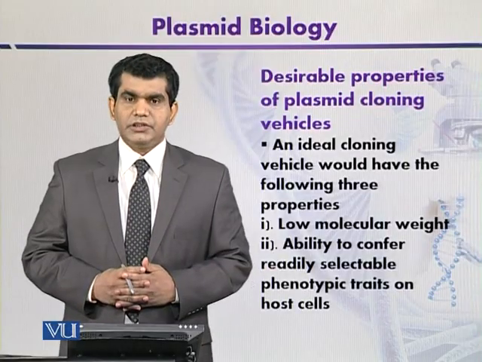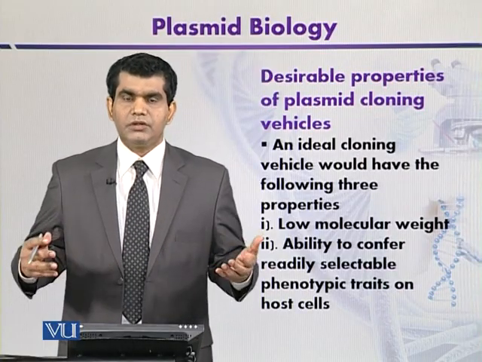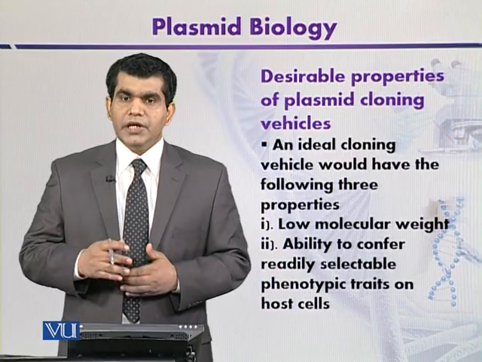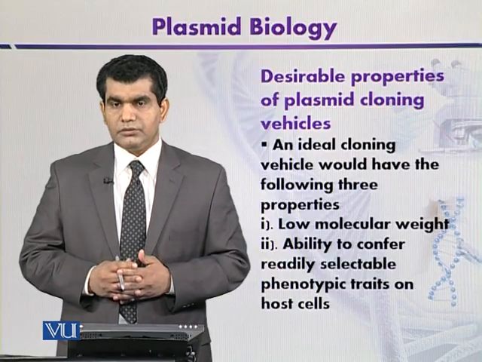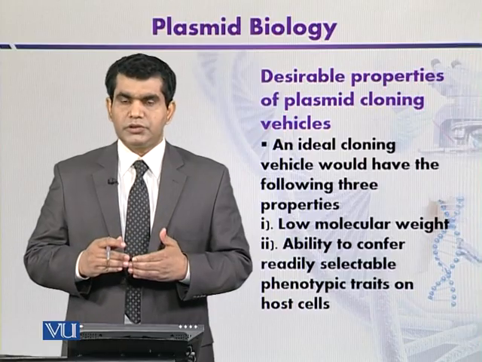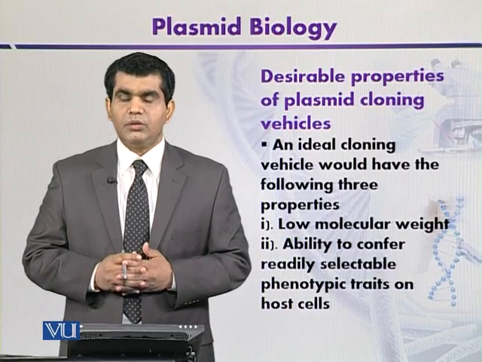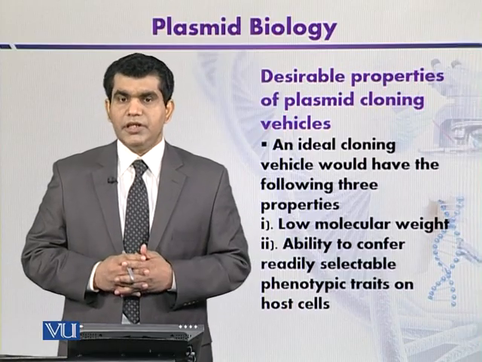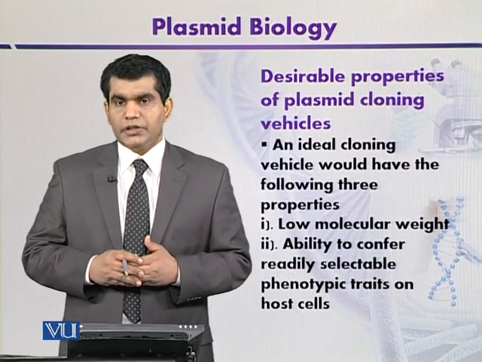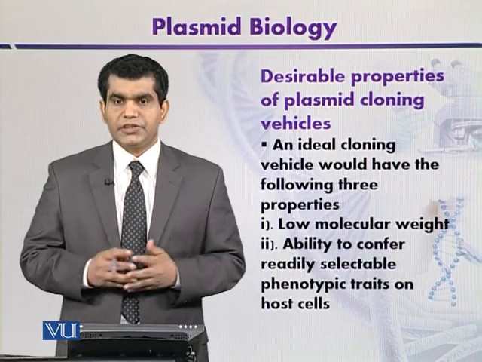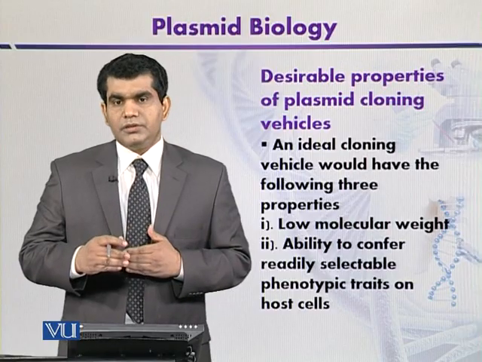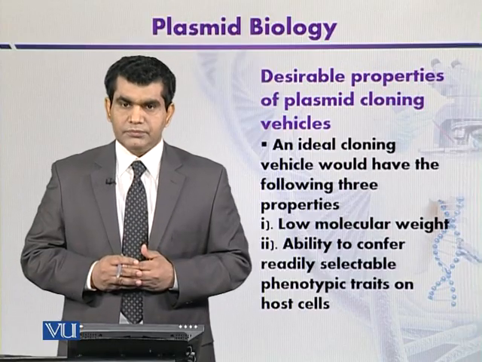Desirable properties of plasmids as cloning vehicles. In the gene cloning procedure, when we are going to use plasmids as cloning vectors, then it must contain some suitable traits. For example, it must have low molecular weight.